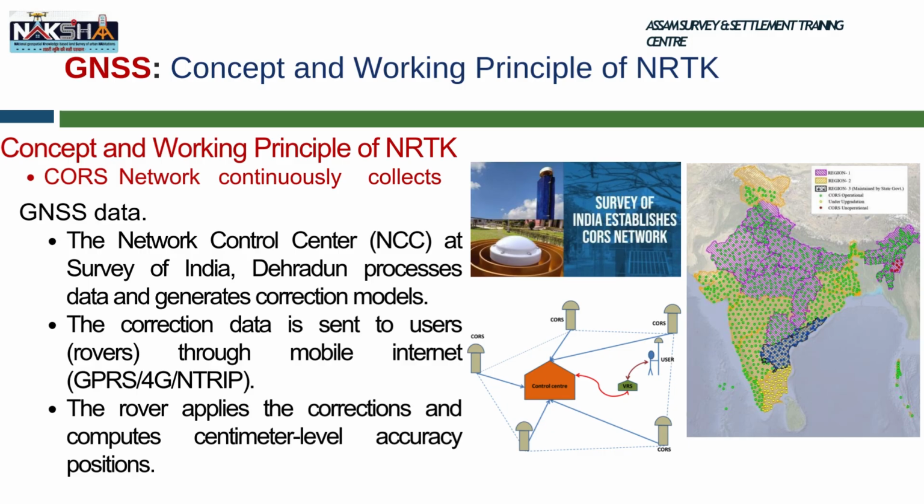These corrections are transmitted to users or rovers via mobile internet technologies such as GPRS, 4G, or NTRIP. Once received, the rover applies these corrections to its own GNSS measurements, enabling it to compute highly accurate positions with centimeter-level precision. NRTK is particularly useful in applications like urban surveying, precision agriculture, and large-scale mapping projects.